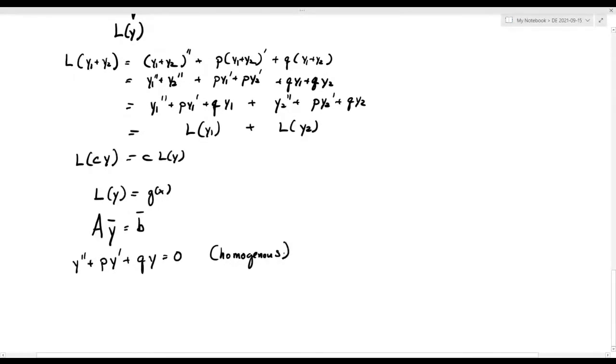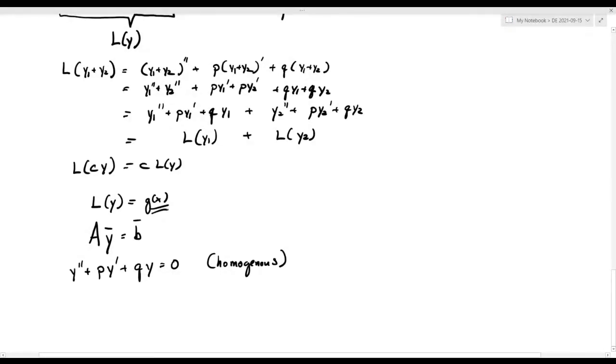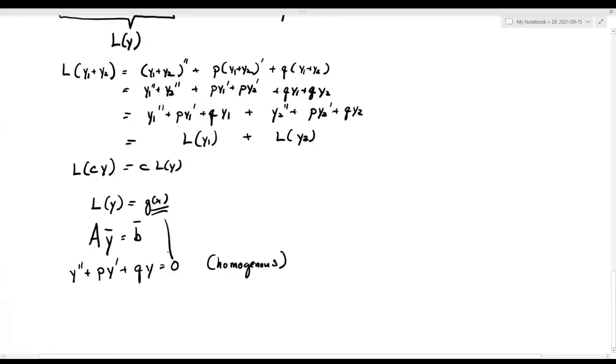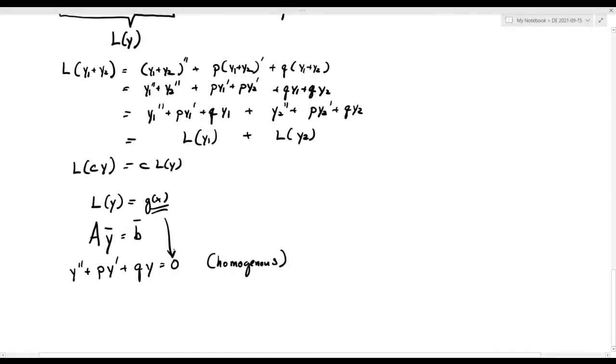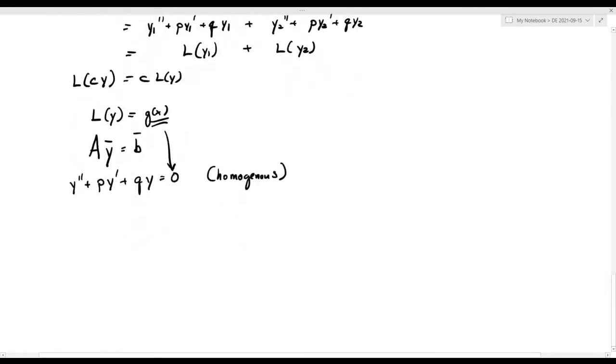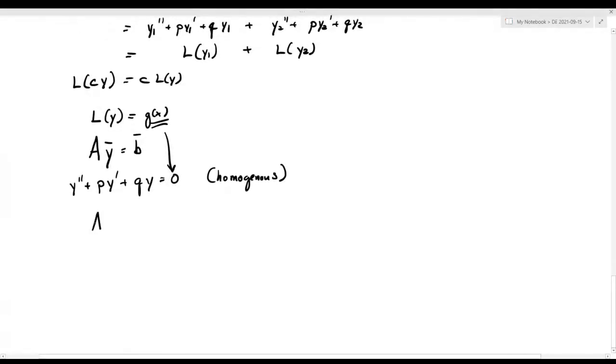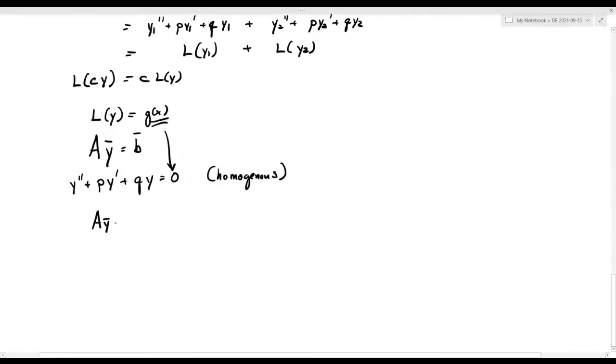When the right-hand side function is 0, then we say we have a homogeneous equation. This is again the same language as if in the matrix equation, the right-hand side was the 0 column vector, right?